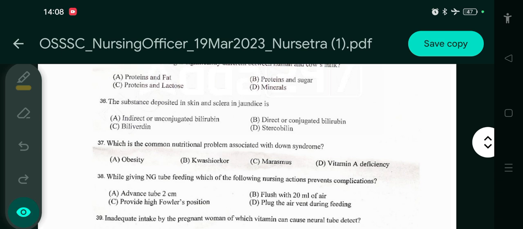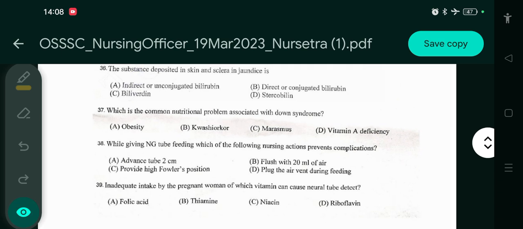Next question, which is the common nutritional problem associated with Down syndrome? Option A is obesity, option B is kwashiorkor, option C is marasmus, option D is vitamin A deficiency.